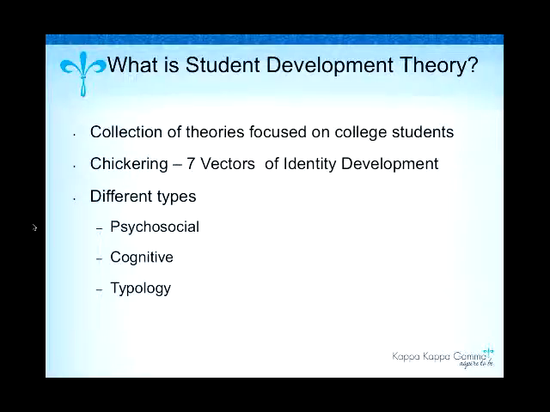Cognitive is how students grow and develop cognitively and intellectually, both with the world on their campus and the world directly around them, and then the broad world outside of that. So those experiences that they have help shape who they are. Typology examines differences in how they view the world and how they relate to the world.